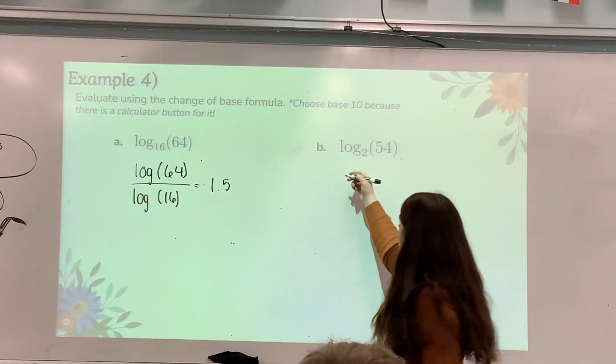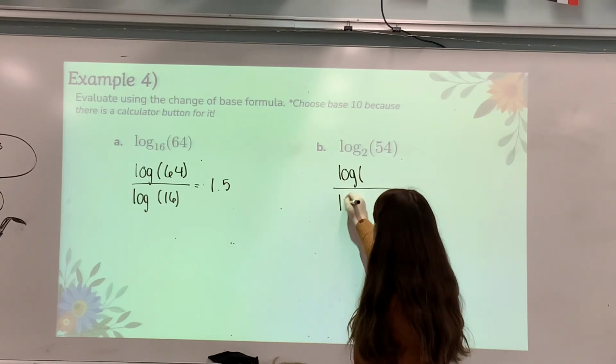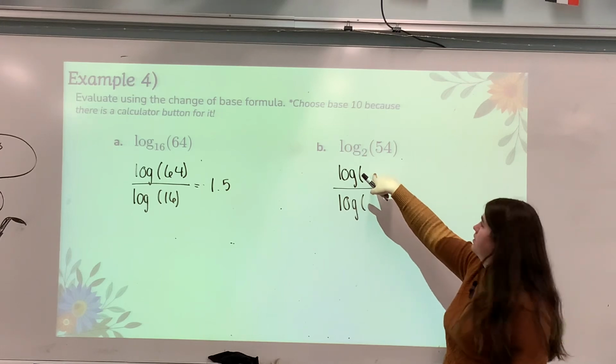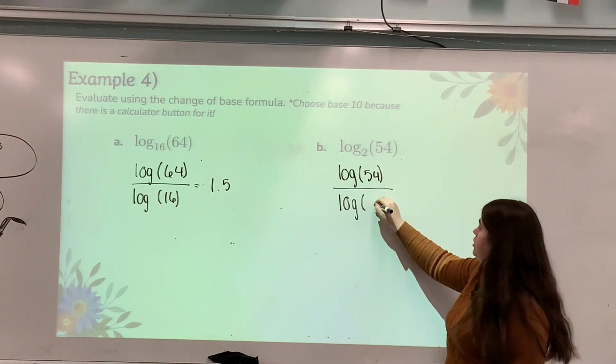So part B, we'd have log of what over log of what? Log on top, what's the first one? 54. And then this one would be 2.